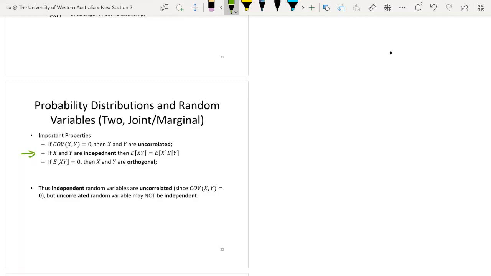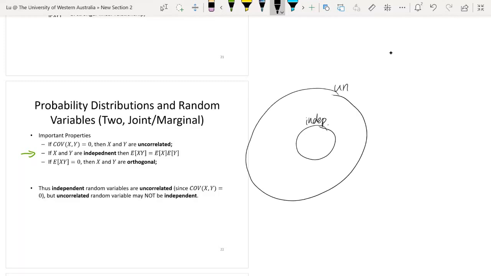So actually, this statement is talking about two sets of the relationships. The first set is the independent relation set, and the uncorrelated set is a bigger one. Okay, if we got one relationship here, the green dot, which is within the independent set, that means this green dot must be independent.